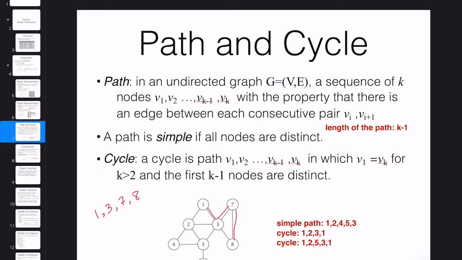If you have a path where the first and the last node are the same, you would create a cycle. For example, 1, 3, 2, 1 is a cycle. You start from 1, go to 3, go to 2, and then you come back to 1. So this is a cycle.